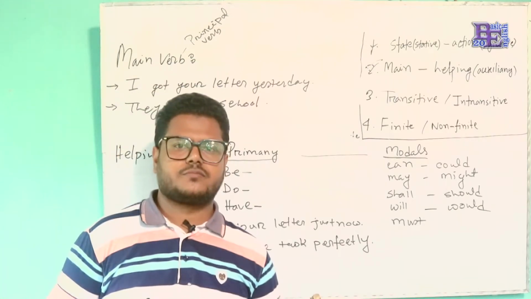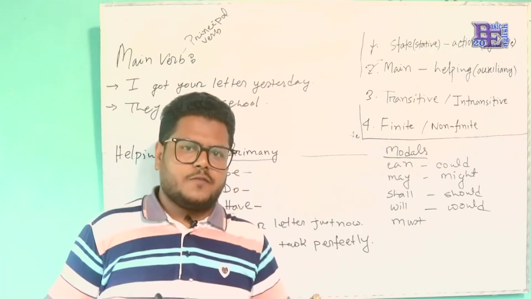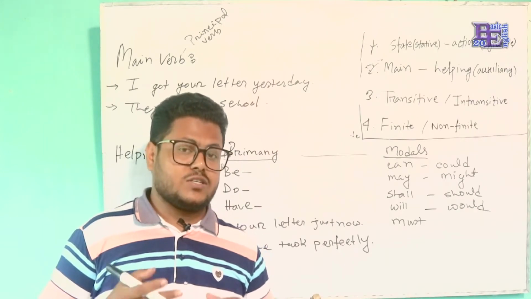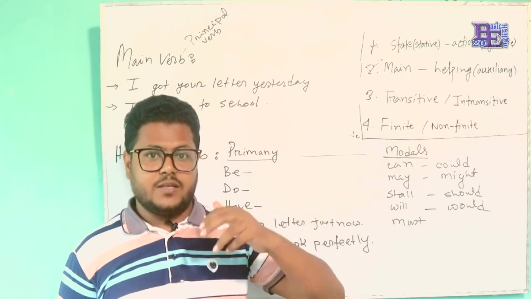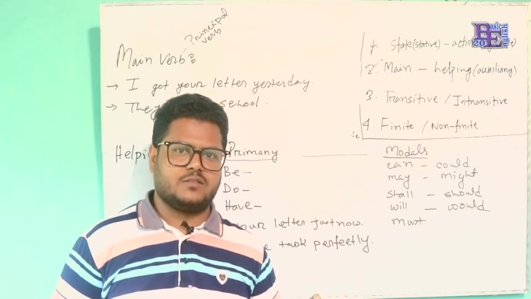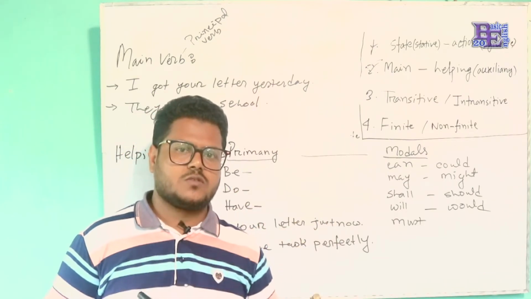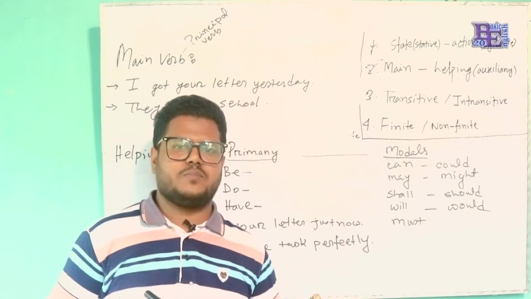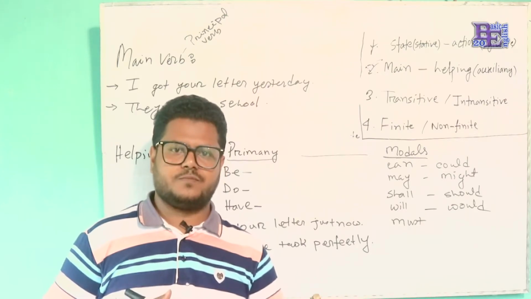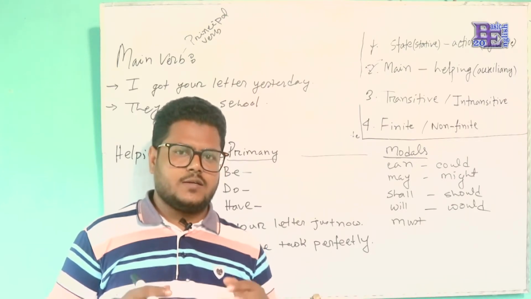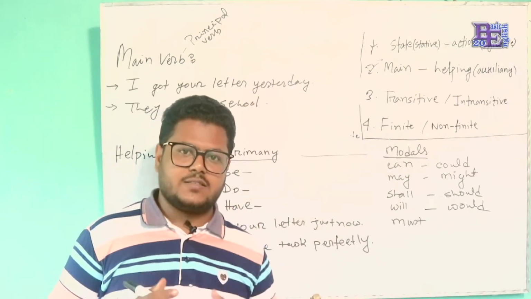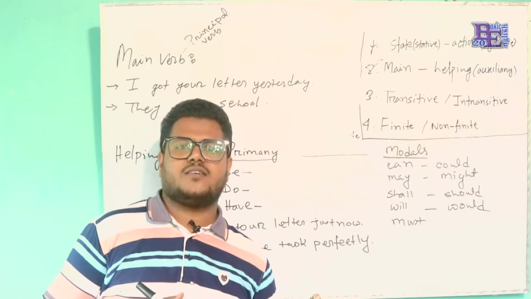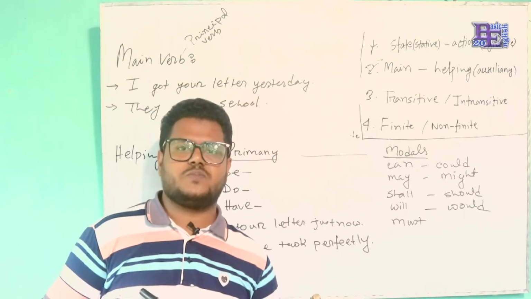You know, the verb that does not take any help from any other verb to express the meaning is called main verb or the principal verb. That is, the verb that is used independently in a sentence is called main verb or the principal verb.